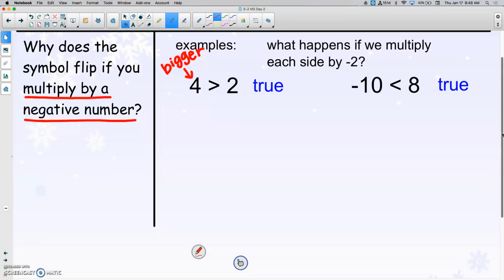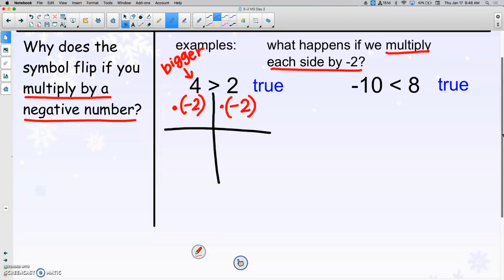So if we multiply each side by -2, what is going to happen to this inequality? 4 times -2 is -8. 2 times -2 is -4. Because -4 is closer to 0, it is bigger than -8.